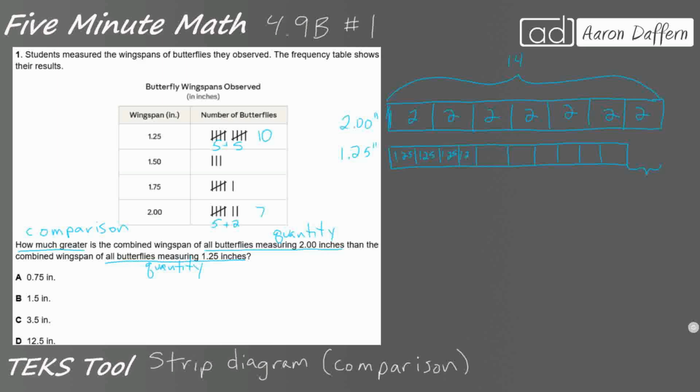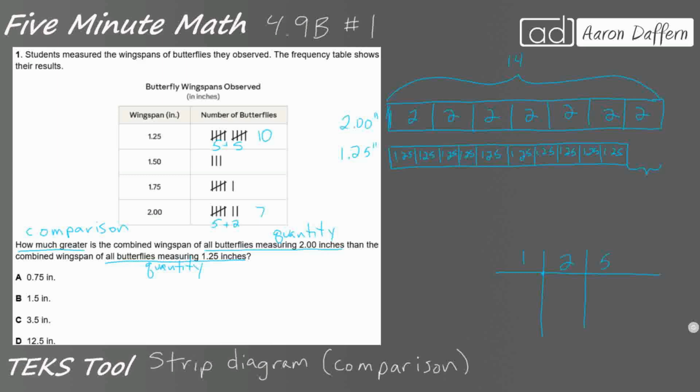Now, if it wasn't 10, it would be a difficult kind of multiplication. But since we have 10 and a decimal, we can think place value. So if I'm going to build 1.25, right?